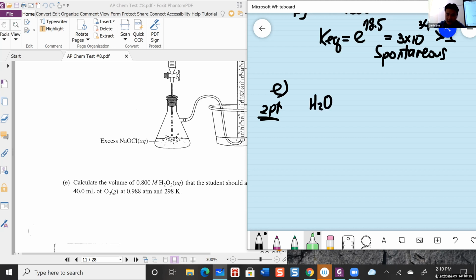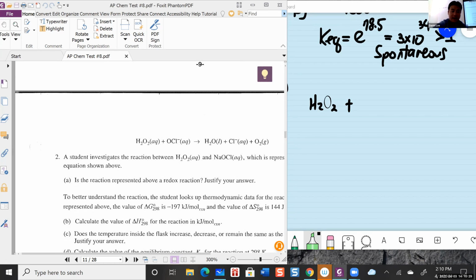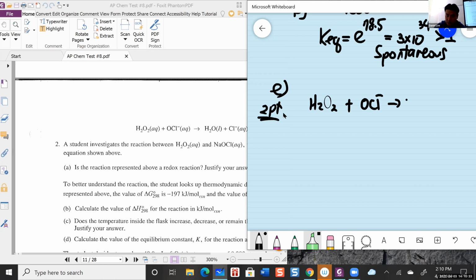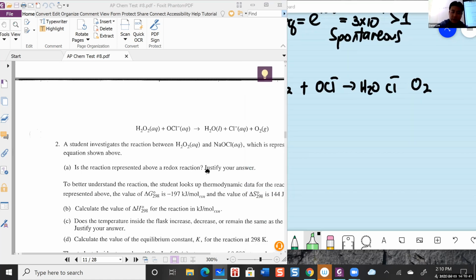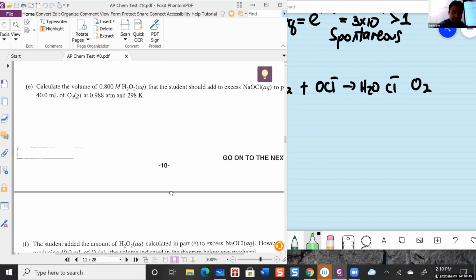They gave us hydrogen peroxide and sodium hypochlorite. So just go back to the equation here, okay? So OCl minus produces water, Cl minus, and you have O2. It is already balanced, all right? And then because it's stoichiometry, you write down what you're given and what you're looking for.